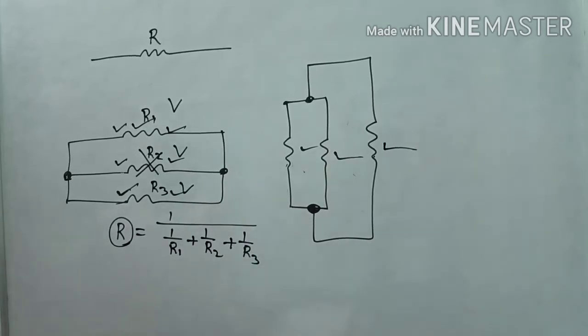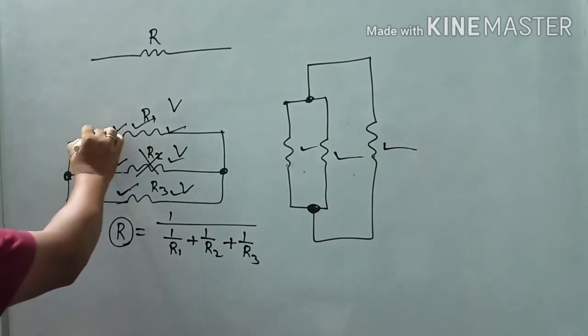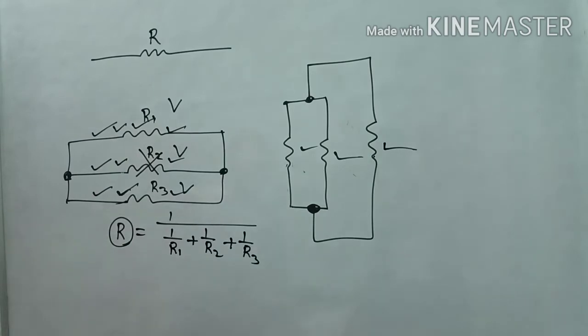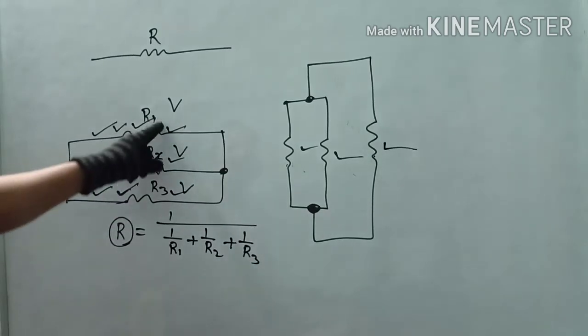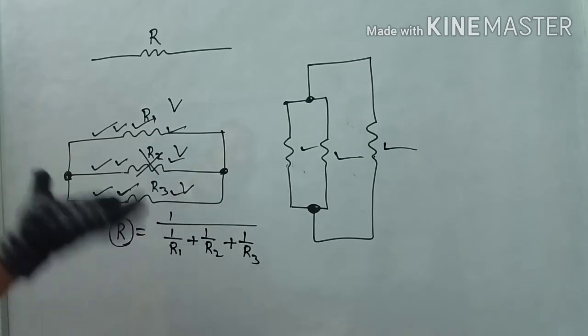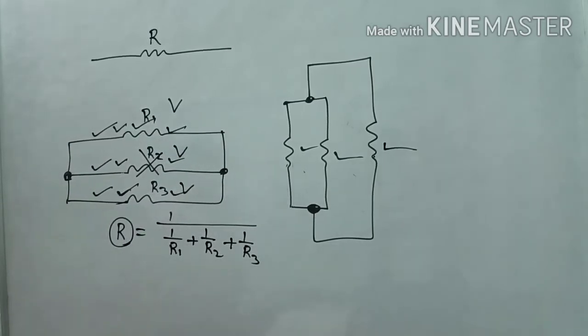Here current is different. Current, here current, here current, here current. So current may be different, but voltage must be same. Voltage must be same, but current will be different in parallel combination.